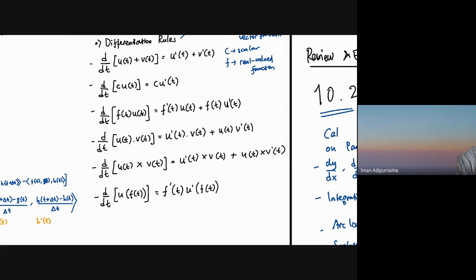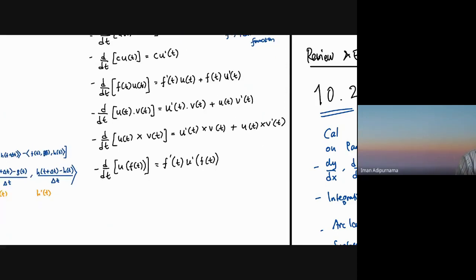Now, if we look at the dot product, you will see that we combine the product rule and the dot product. What is really happening is that the dot product is just adding the multiplied results, right?